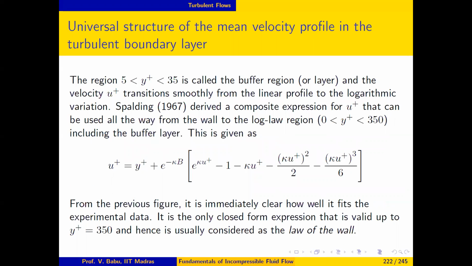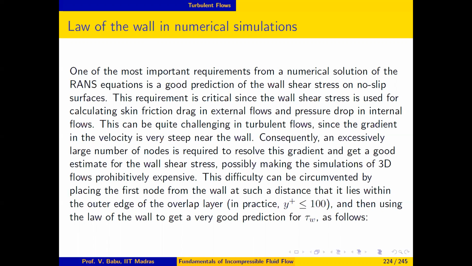Any RANS simulation that is done on a complex problem, for instance, external flow over an automobile or some other shape, or internal flow in a complex geometry, usually has a very important requirement, and the requirement is that the numerical solution should be able to give a very good prediction of the wall shear stress on no-slip surfaces.